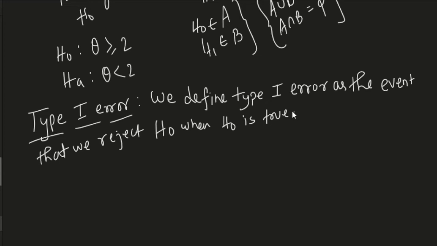So type 1 error is defined as the event that we reject h naught when h naught is true, and we can find the probability of type 1 error. Right. So it basically is this.